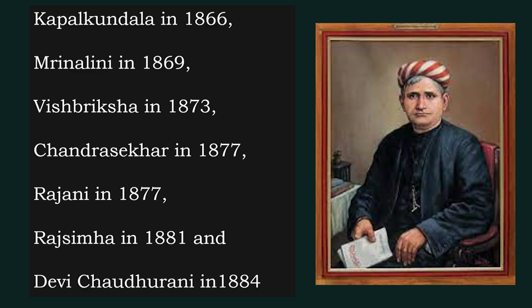He also wrote other famous novels like Kapal Kundala in 1866, Mrinalini in 1869, Vish Briksha in 1873, Chandrasekhar in 1877, Rajani in 1877, and Chaudhurani in 1884. The names of these novels are really important, but as far as UPSC is concerned, the years are not very important; I have mentioned them just to know.